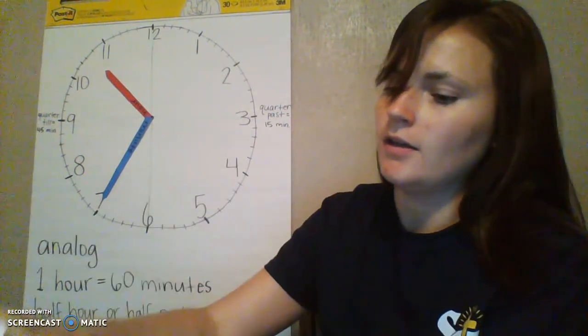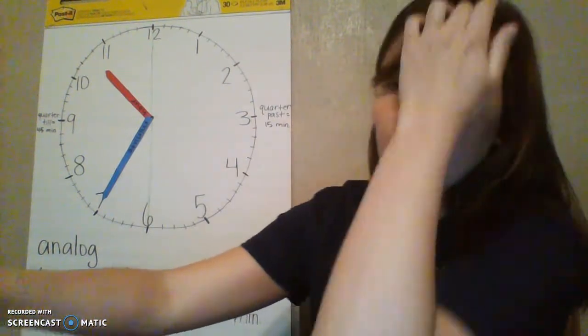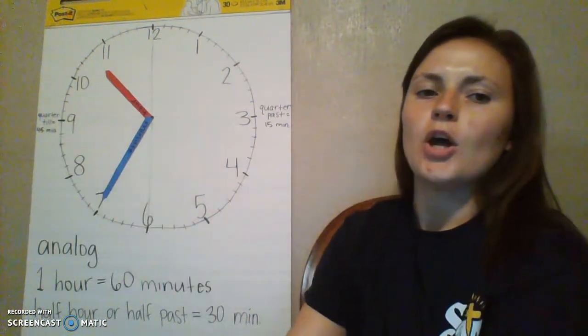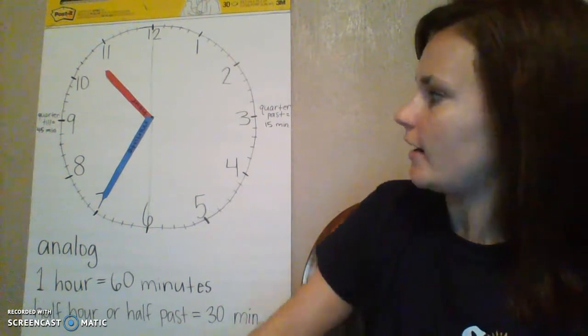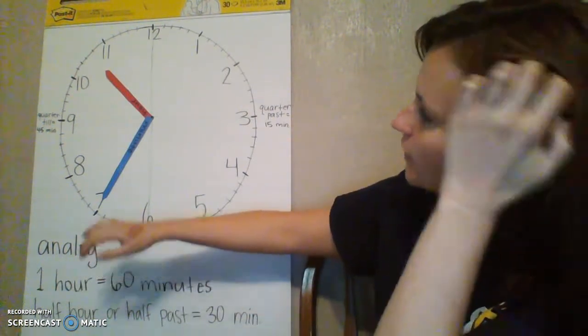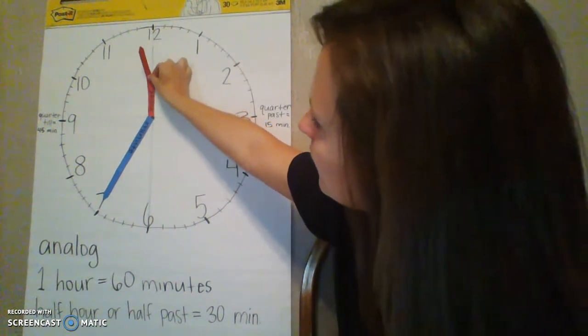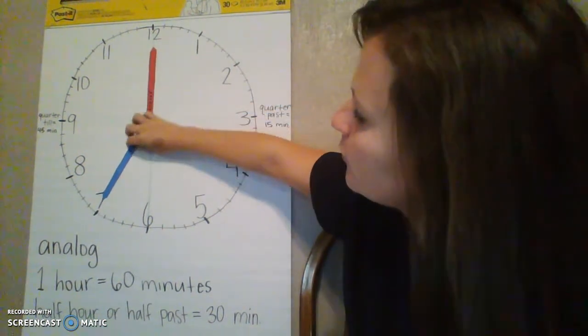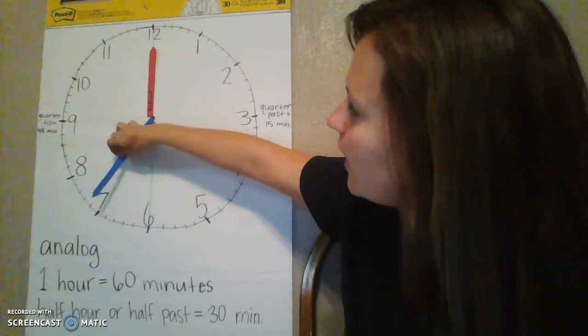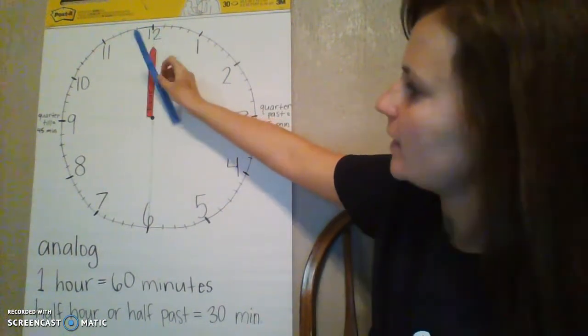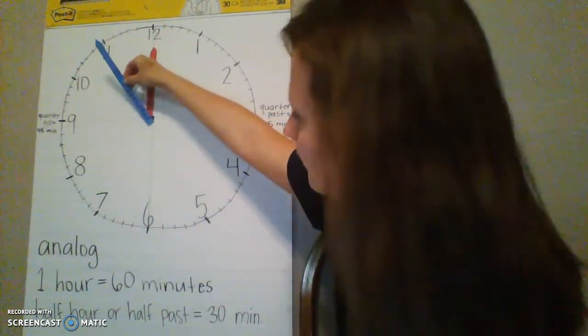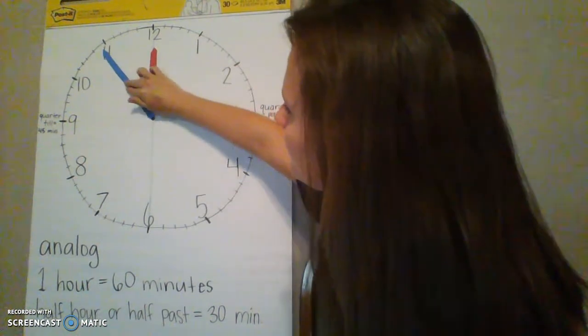Okay, now let's make our clock say 12:55. So I'm going to move my hour hand to the 12. Now if I move this all the way to the 55, that means my minute hand would need to go all the way around to the 11.